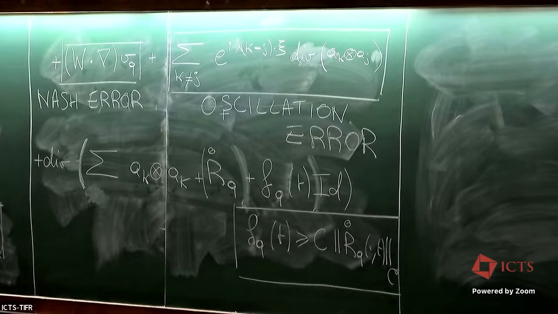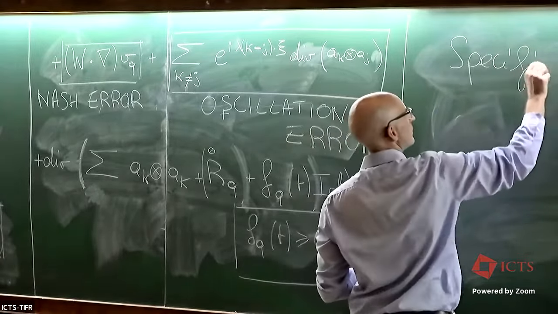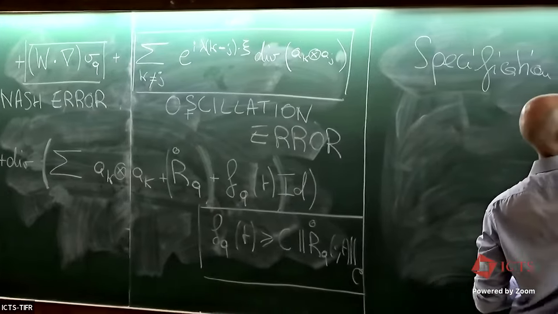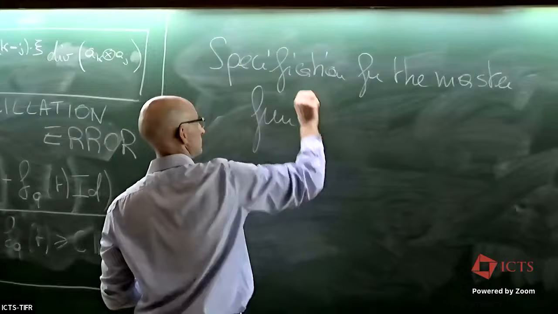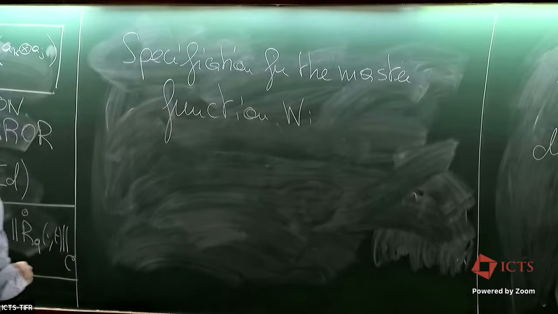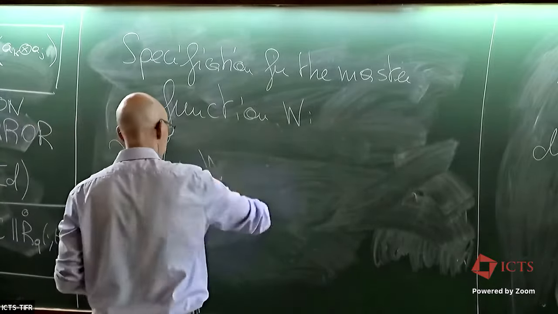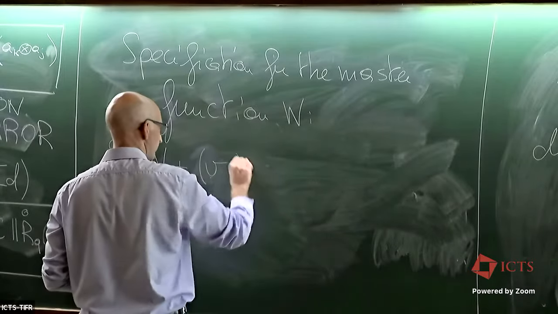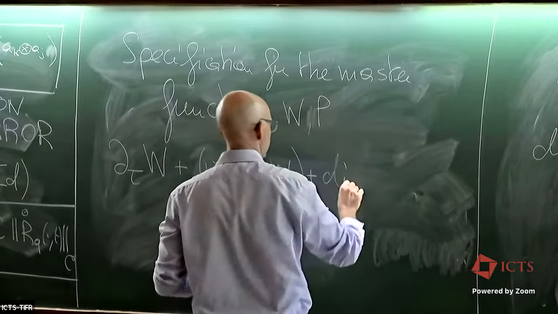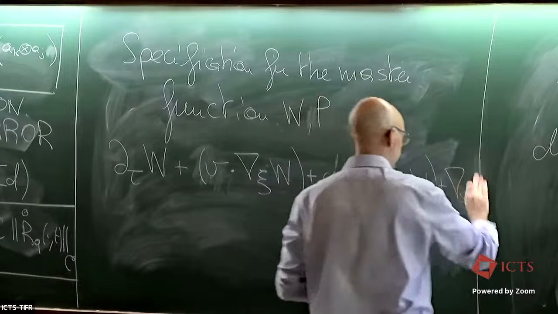Okay, so now I got somehow my specifications for the master function W. I have the d tau W plus V dot grad psi W plus the divergence in psi of W tensor W plus grad psi P is equal to 0.